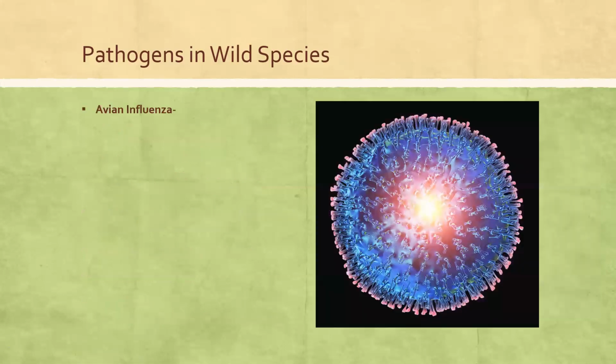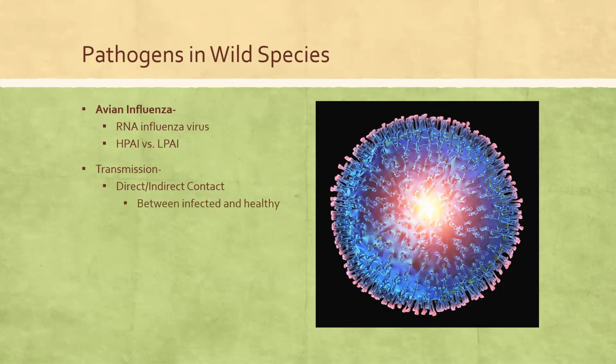And finally, coming to one that's sort of a big ticket right now in avian disease ecology, we have avian influenza, which is an RNA influenza virus, and it comes in two categories: highly pathogenic avian influenza or low pathogenic avian influenza. It is transmitted through direct or indirect contact, either direct contact between infected and healthy individuals, or more indirect method by contact with infected materials or infected bodily fluids.